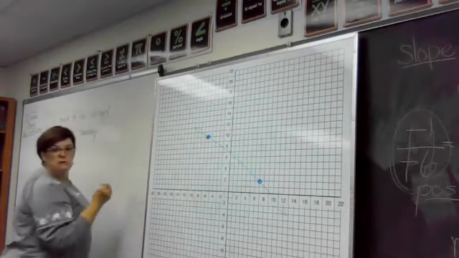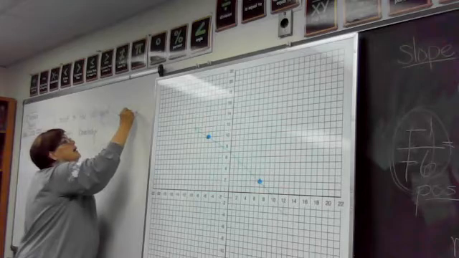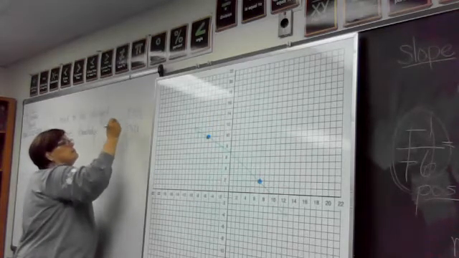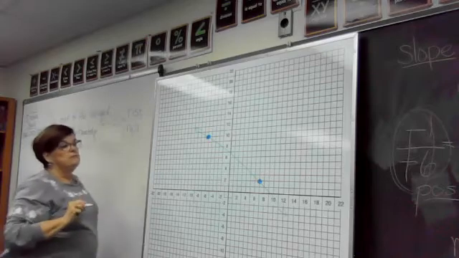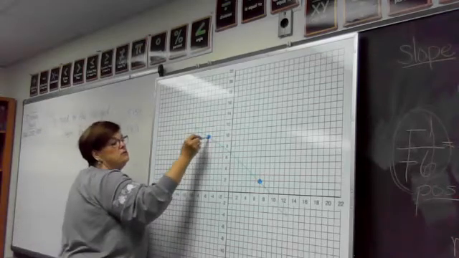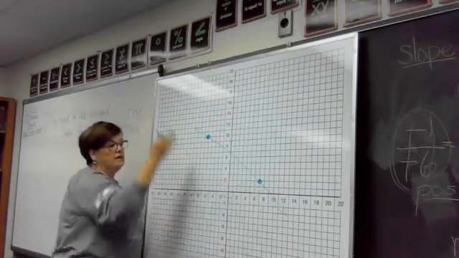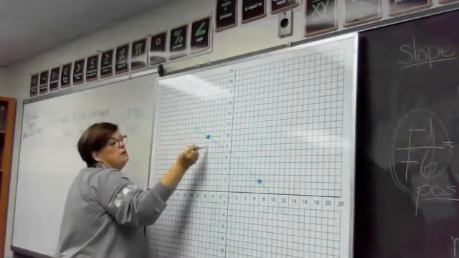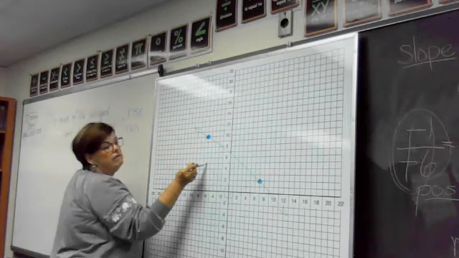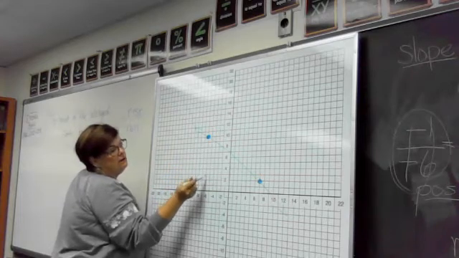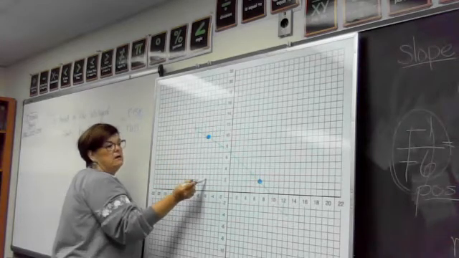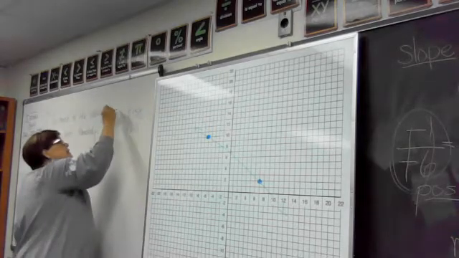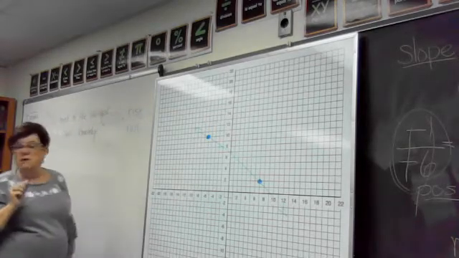So my rise over run. From this house, I've got to get there. So my rise, I have to do the up and down first, right? So I don't count my house. 1, 2, 3, 4, 5, 6, 7, 8. Okay, and I went down. So it's a -8.